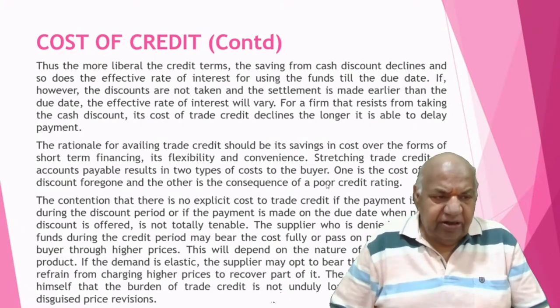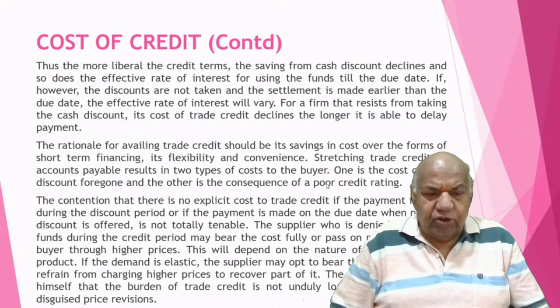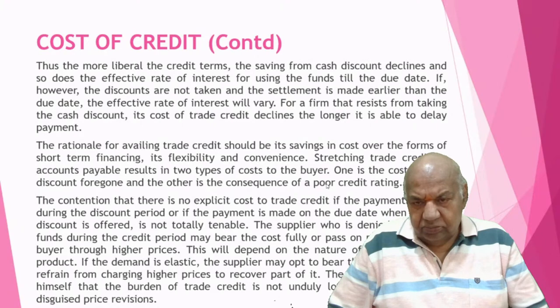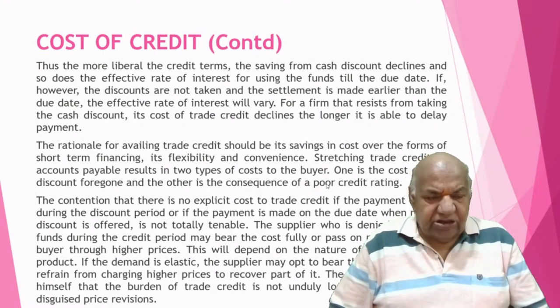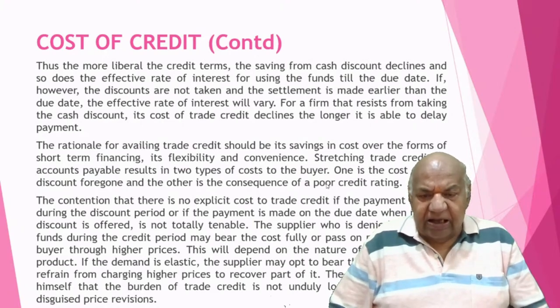Stretching trade credit or accounts payable results in two types of cost to the buyer. One is the cost of cash discount foregone, and the other is the consequence of a poor credit rating.